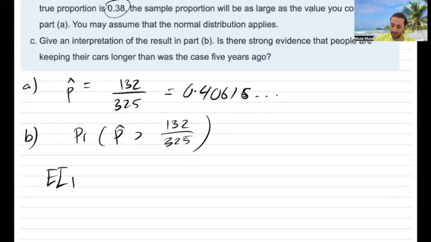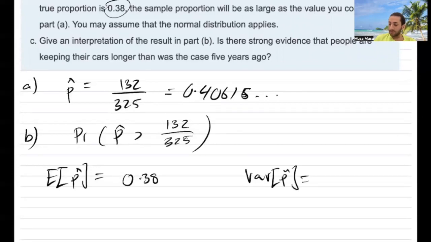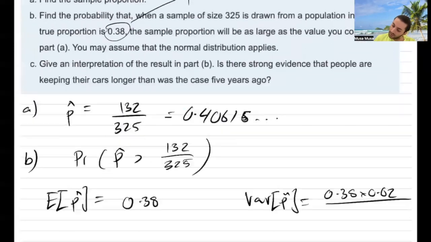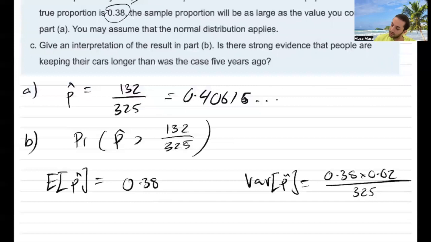that stuff. So the expected value of p hat is just going to equal 0.38, and the variance of p hat is just going to be 0.38 times 0.62 over, what's the size? 325. Nice.